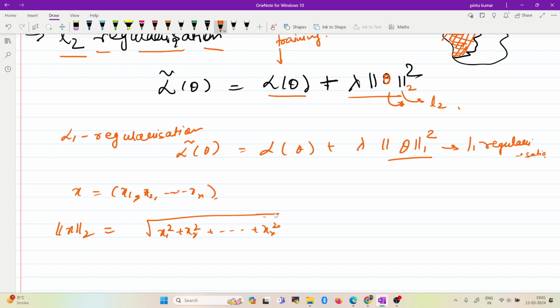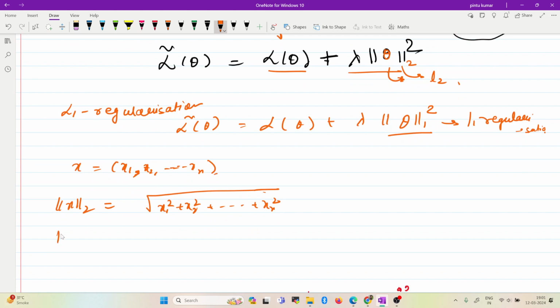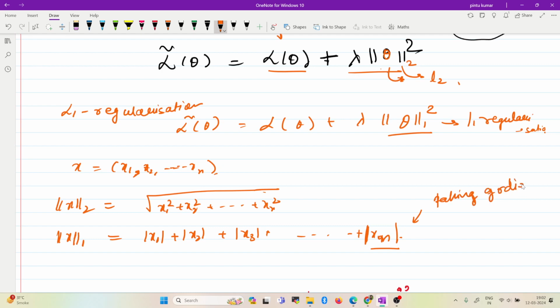The L1 norm of x is modulus of x1 plus modulus of x2 plus modulus of x3, and so on. Because you have a modulus here, taking gradients can be difficult in the case of the L1 norm. People use subgradients and those kinds of ideas, but taking gradients can be difficult for L1 regularization.